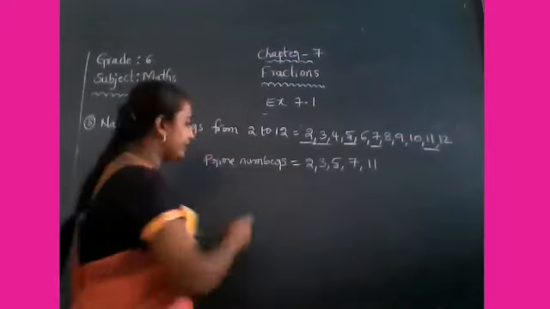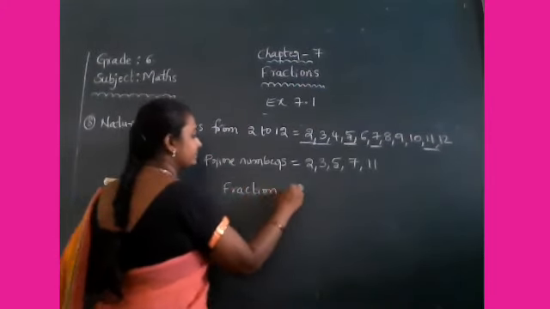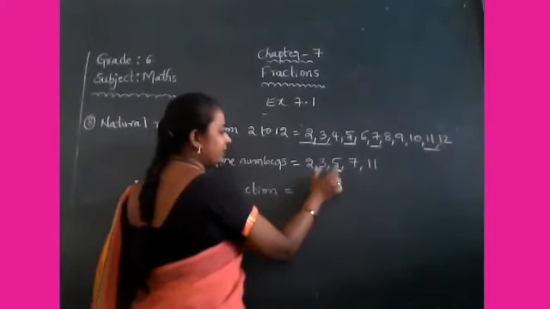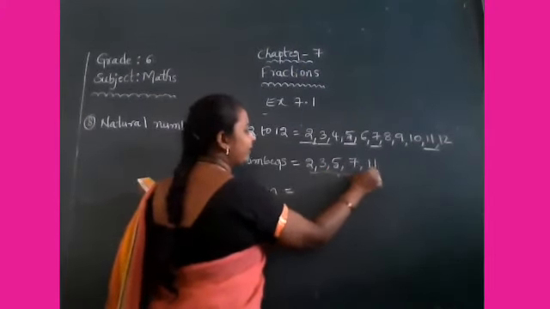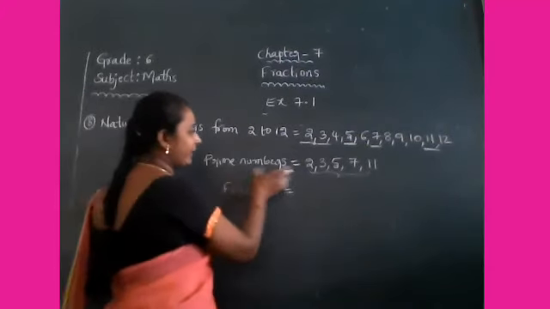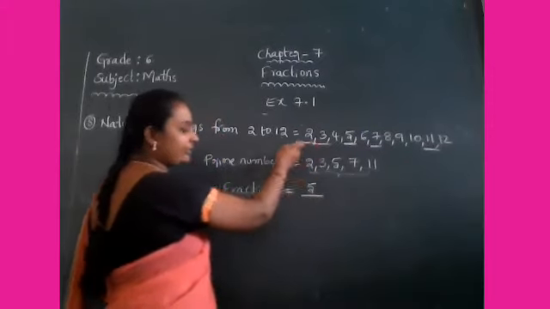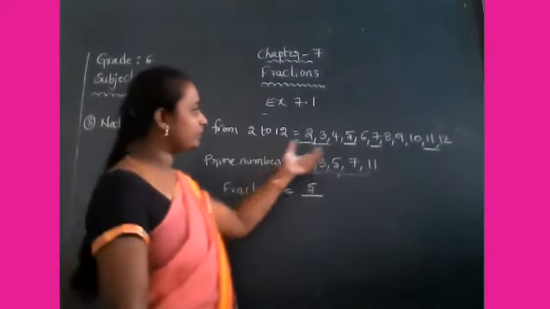How will you write this in the form of a fraction? The number of prime numbers goes in the numerator: 5 by the total number of natural numbers from 2 to 12.